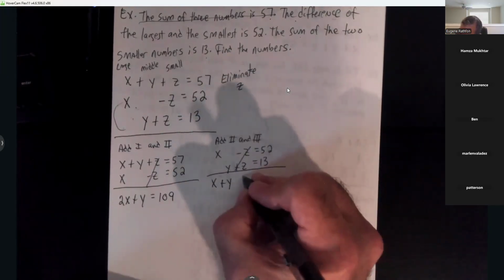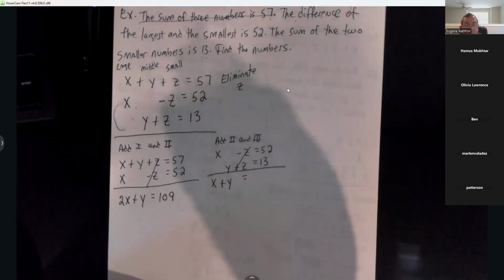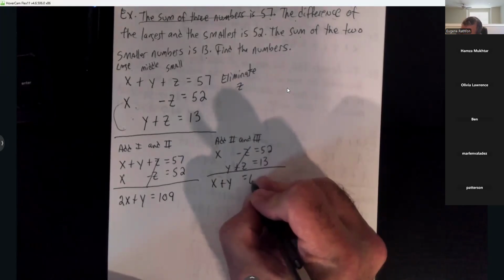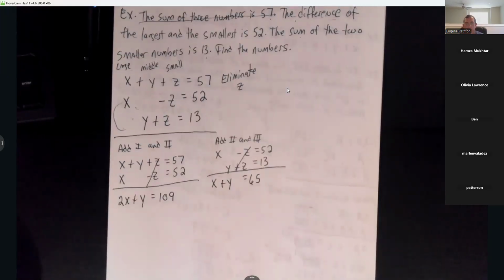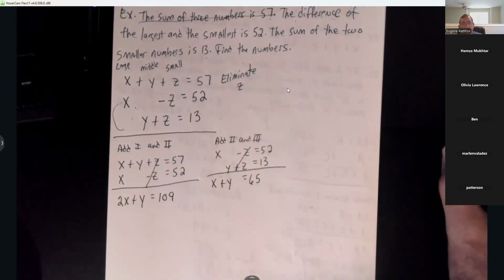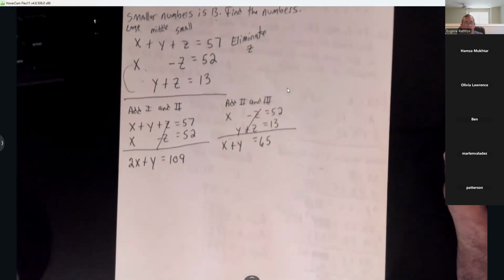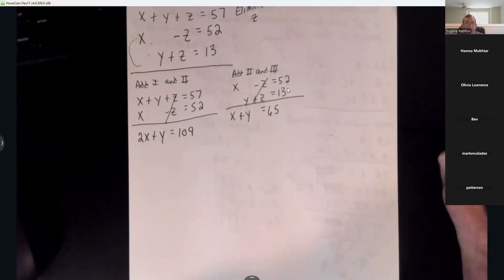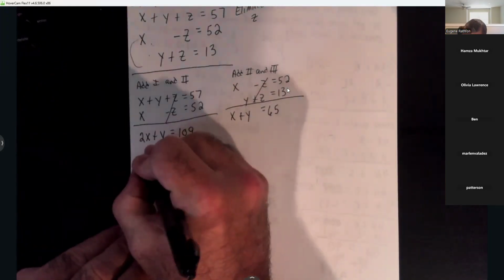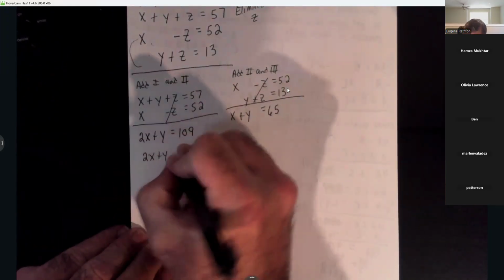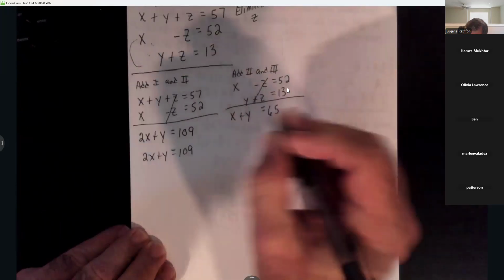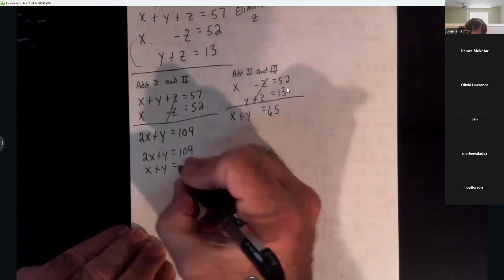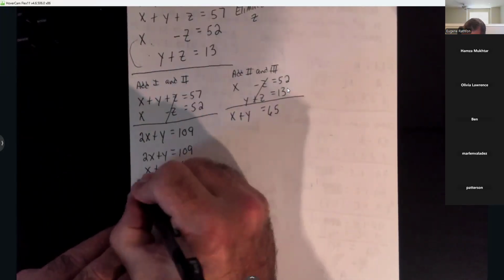The z's canceled. And 52 and 13 is what, 65. All righty, so now what's that going to give me? My new system is a 2x plus y equals 109. X plus y equaled 65.